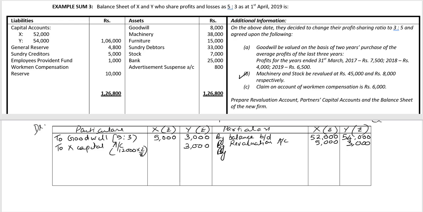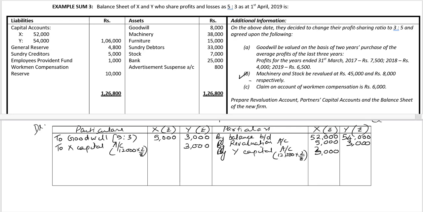By X's capital account, 12,000 into 2/8, 3,000 under X.